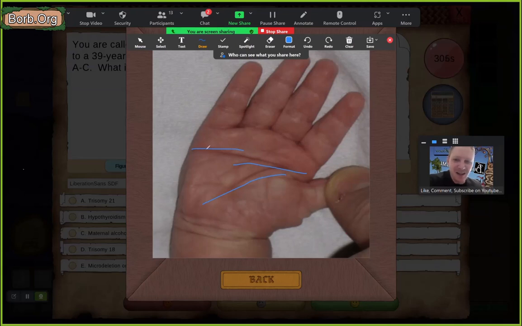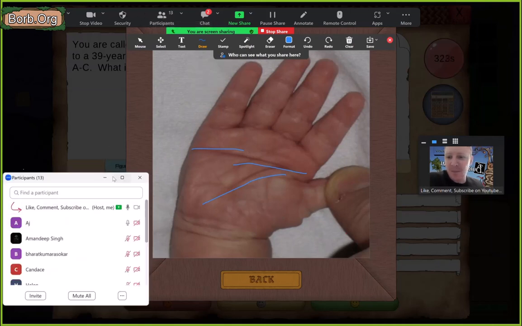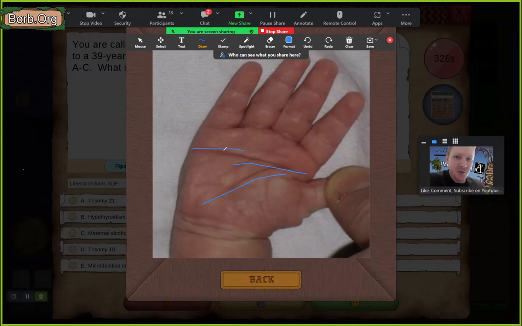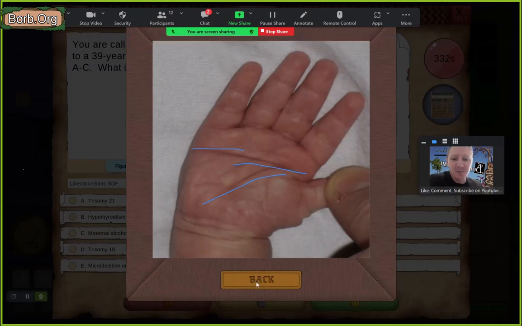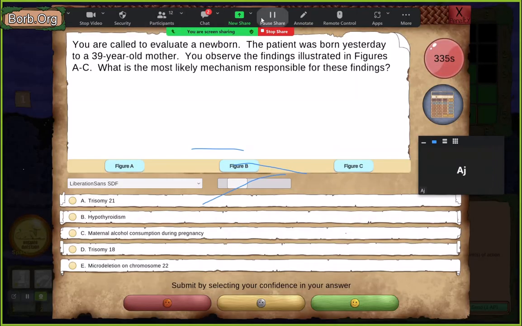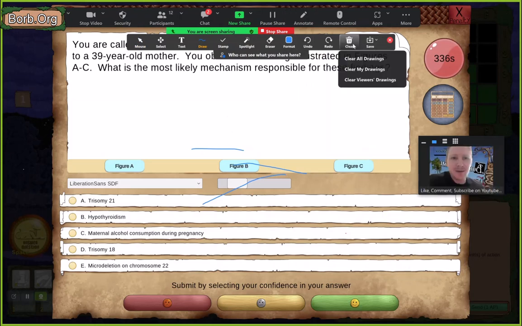Now, you can be perfectly genetically normal and have a central crease like this, only a single palmar crease. But it is correlated with these patternistically distributed genetic disorders. No one sign is going to tell you that you have any genetic disorder, but that is definitely a hint. So I will get rid of the annotations.